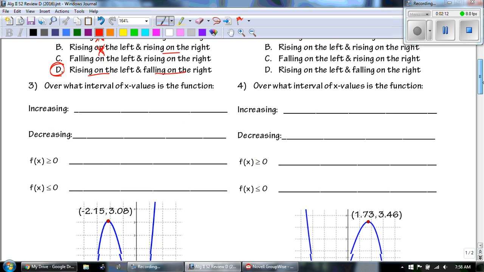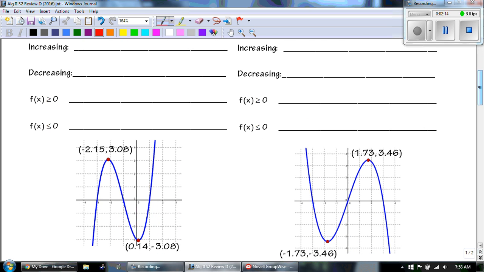Now, for number 3, I know it's kind of confusing, but this is the graph that we're looking at for number 3. Okay? So, increasing. Where is our graph increasing?